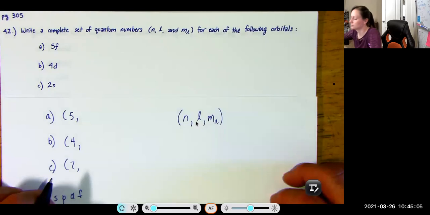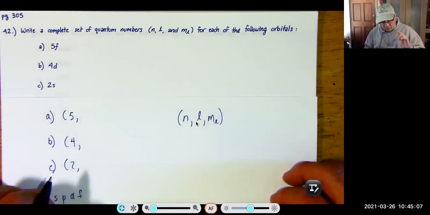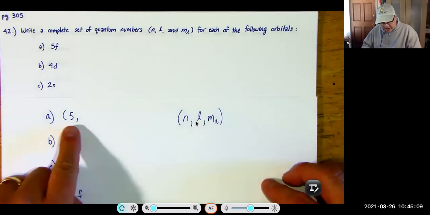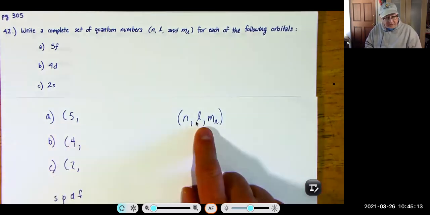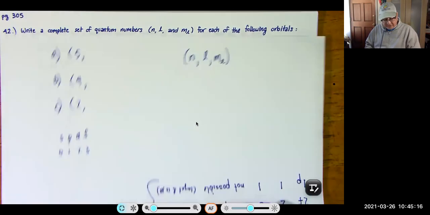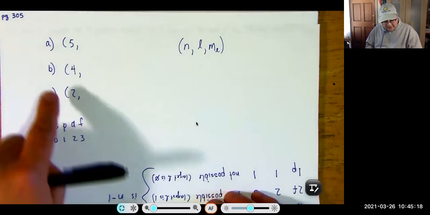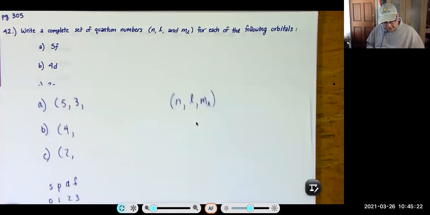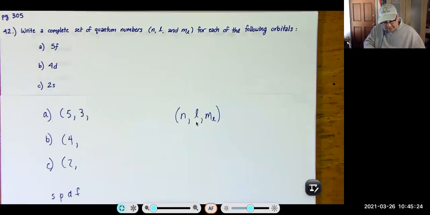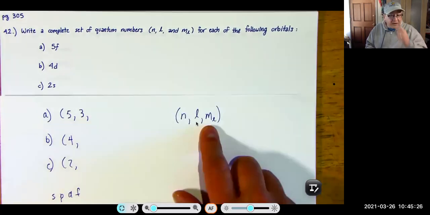Okay. So for A, we should all have a 5 for N. For L, I wrote my little chart down here. So I know that it's a 5F, so I've got to write a 3 there. Now for M sub L, you have a number of choices.